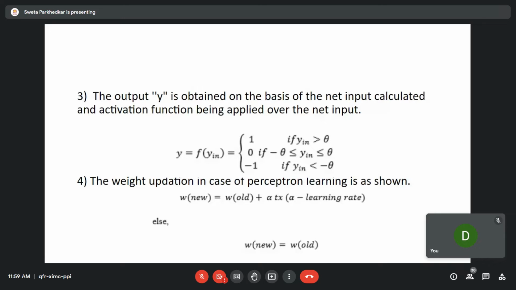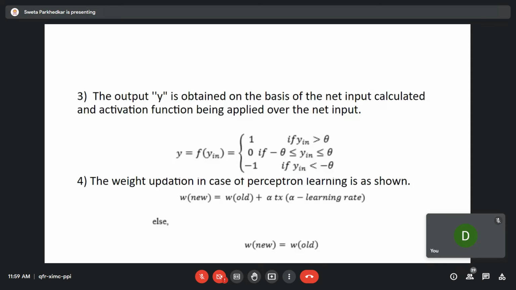And then the weight updation, if it is required for perceptron learning. The new weight, that is W new, will be calculated as W old, that is the old weight, plus some learning rate that is being used, that is alpha, into tx, where alpha is the learning rate.